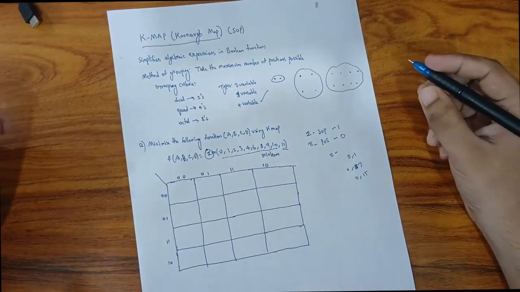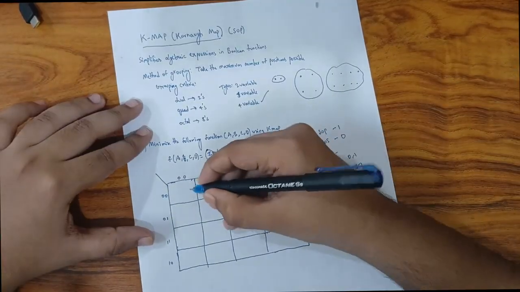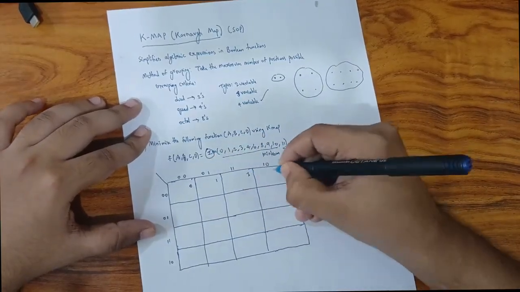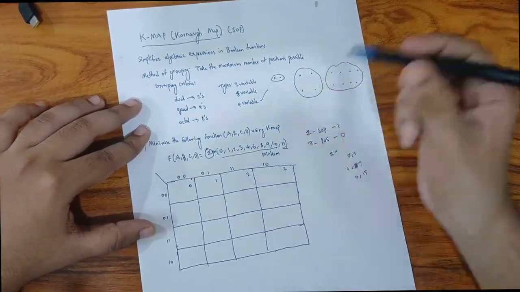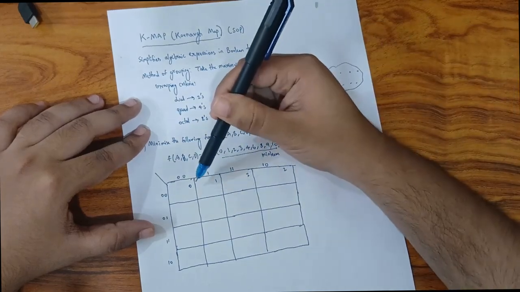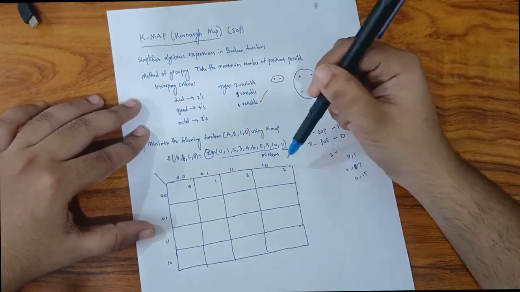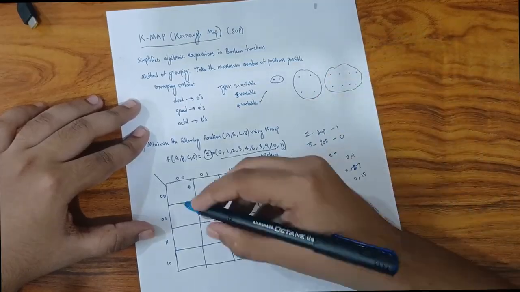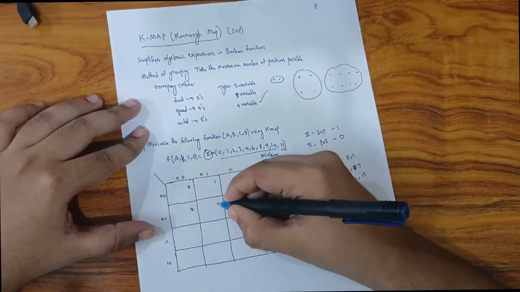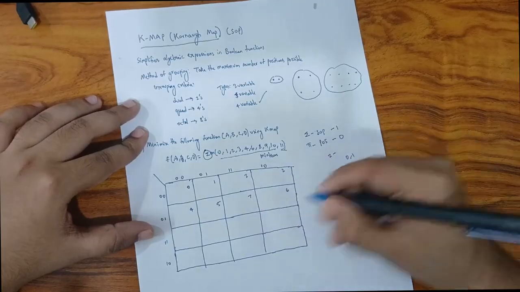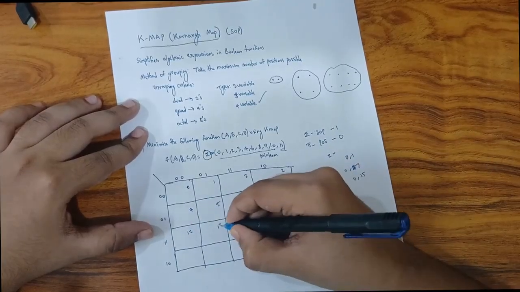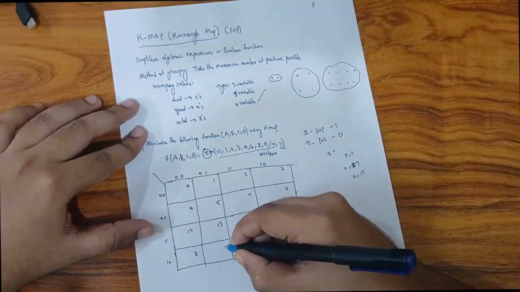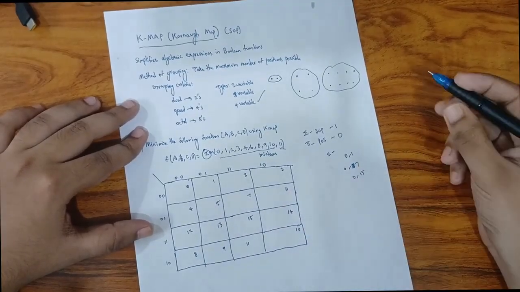Now let us mark the cells. Start with me: 0, 1, 3, 2. I think you got the gist of it. What we are doing is alternating the numbering in these positions, and follow with me, it gets even weirder. 4, 5, 7, 6, 12, 13, 15, 14, 8, 9, 11, 10.